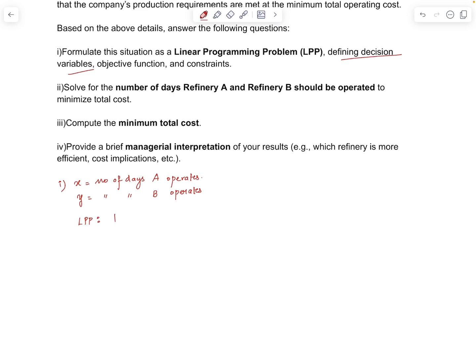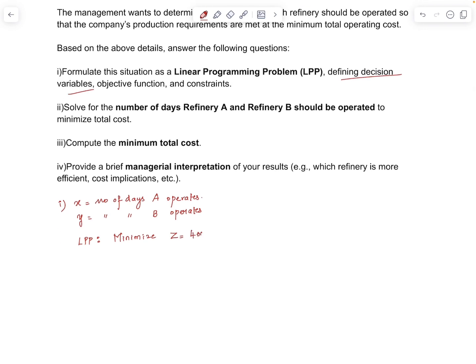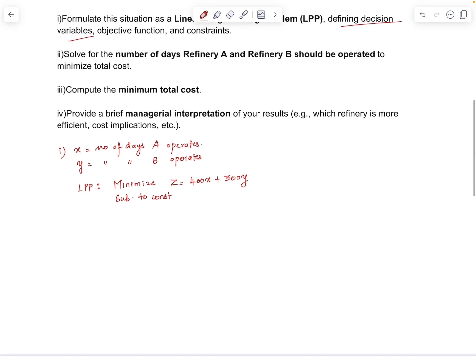Objective is to minimize the total operating cost. Let's name that as Z. So Z is equal to 400X plus 300Y. Subject to constraints, 100X plus 200Y is greater than or equal to 12,000.